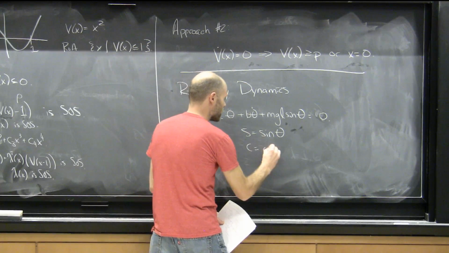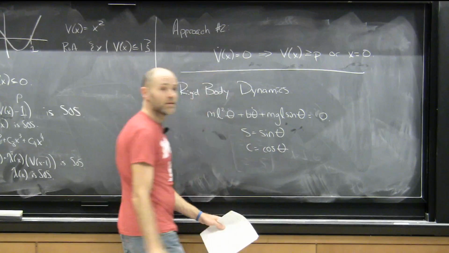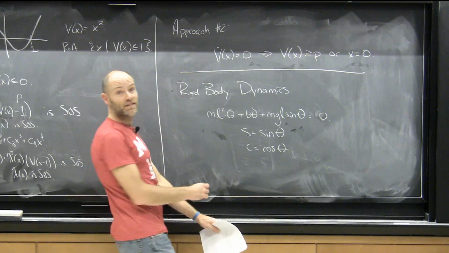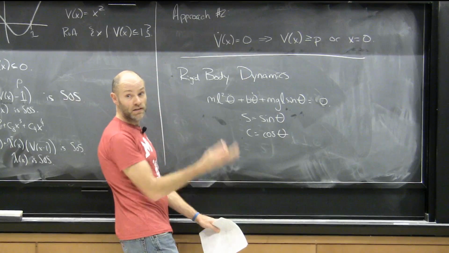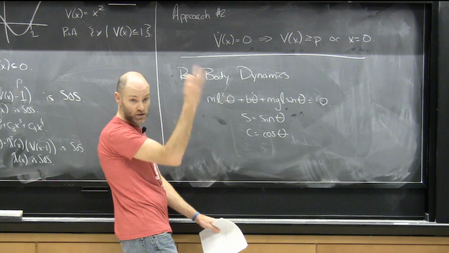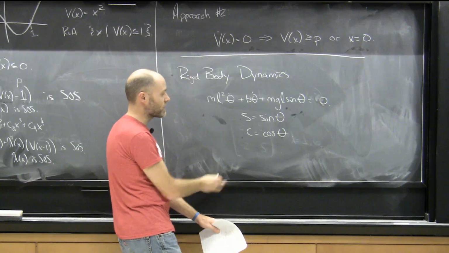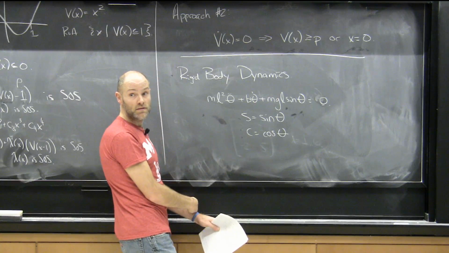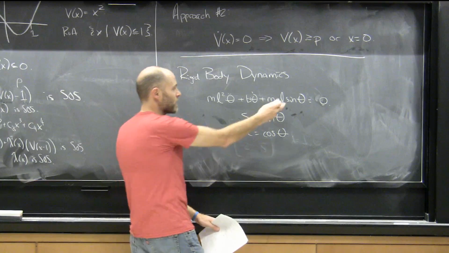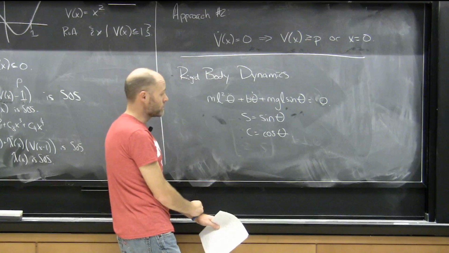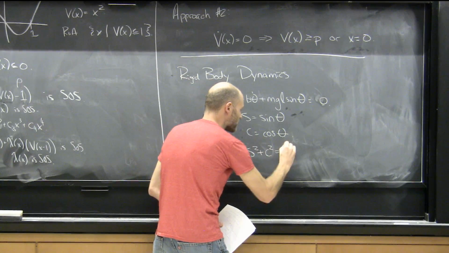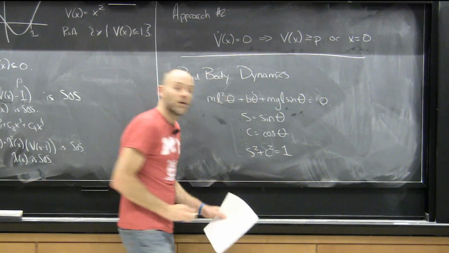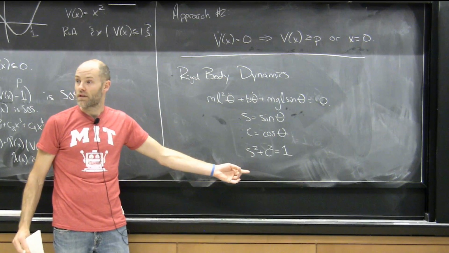S is sine theta, C is cosine theta, and I can rewrite my dynamics in S and C. The pendulum example I did before, which is in the notes, does this behind the scenes. It uses S and C to write the dynamics and the derivative. And then it adds an extra constraint saying I only need to satisfy the Lyapunov conditions on the manifold where sine squared plus cosine squared equals 1.